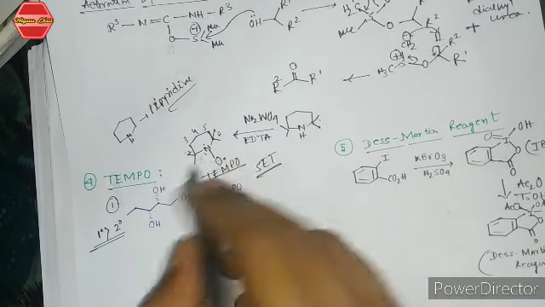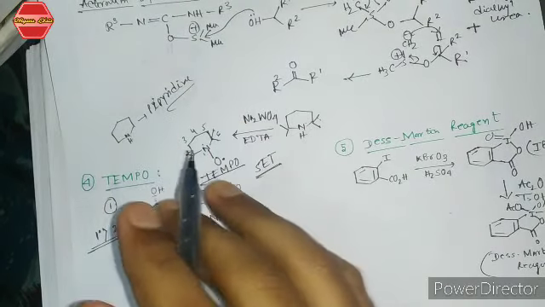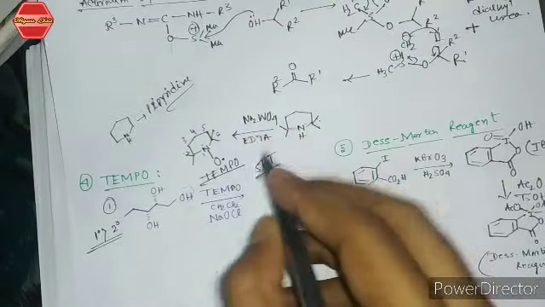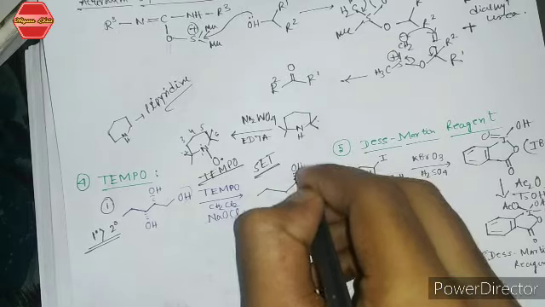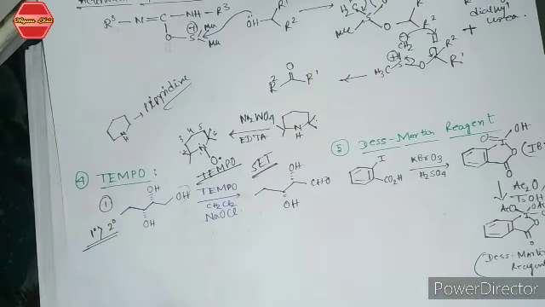So I said that TEMPO generally oxidizes 1 degree alcohol over 2 degree. So it shows this one as a major product. Okay, so this is the overall conditions of TEMPO.